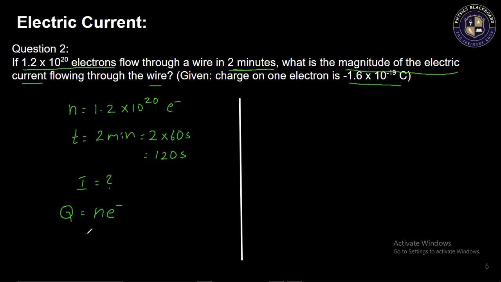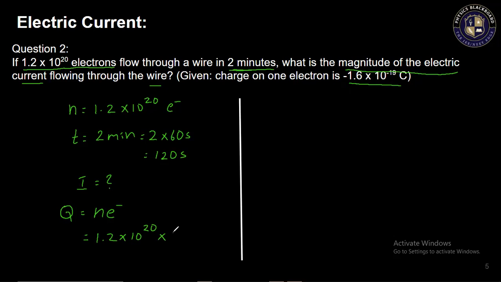That is the number of electrons. How many electrons are given? 1.2 into 10 power 20. So when these electrons flow through the conductor, what will be the charge developed in that conductor, right?